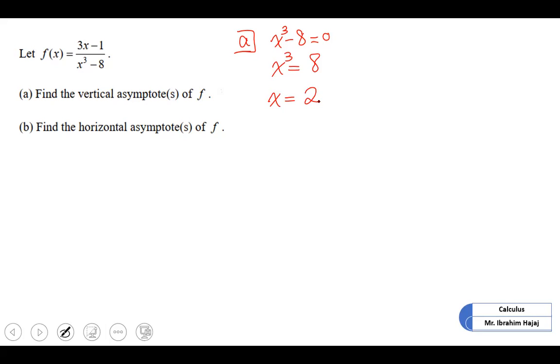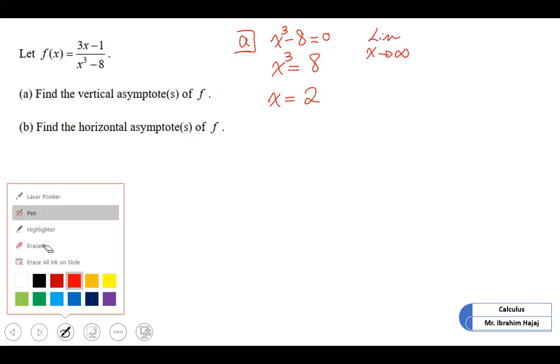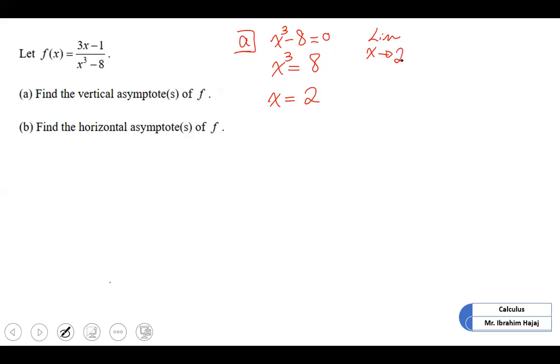Then you have to find the limit as x approaches positive infinity. Okay, guys, so we have to take here the limit as x approaches 2 from the right side, and also the limit as x approaches 2 from the left side of this function.